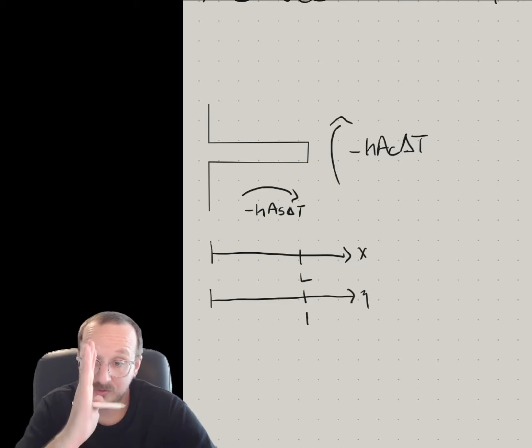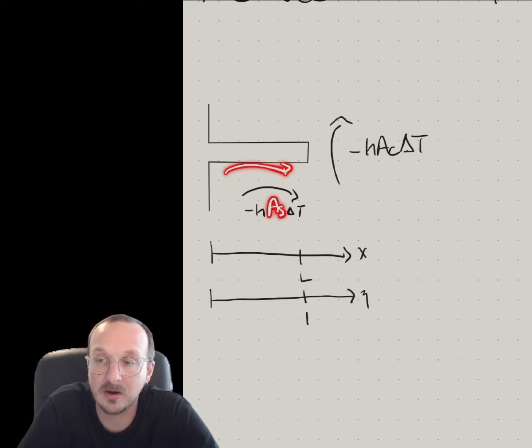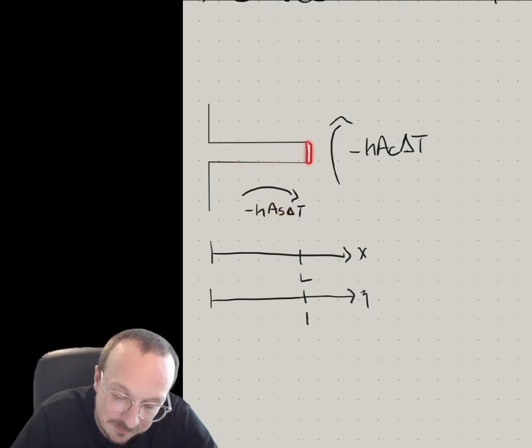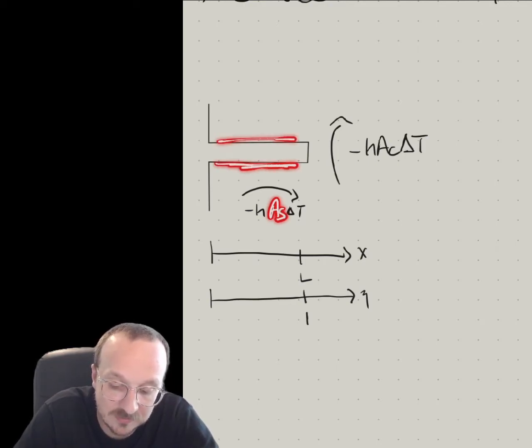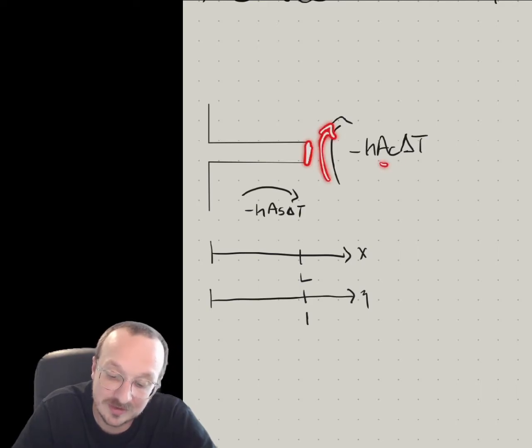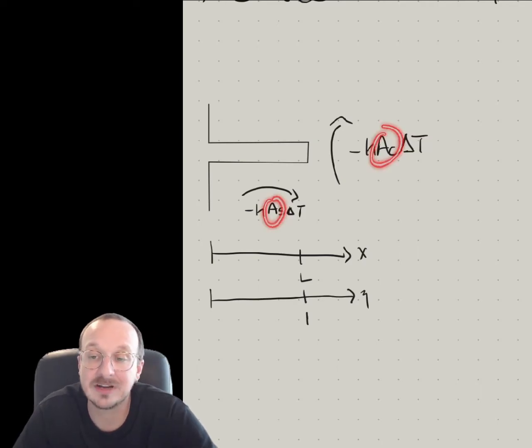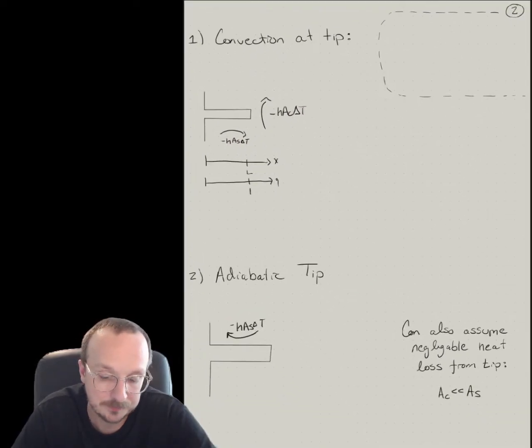So if you're looking through the fin from the side, along the length of the fin, it's the surface area that Newton's law of cooling is occurring over. And at the tip of the fin, this is the cross-sectional area of the fin. At the tip of the fin, it's this area where there's heat loss. So these are 2 different area terms when we're considering convection losses from the tip.